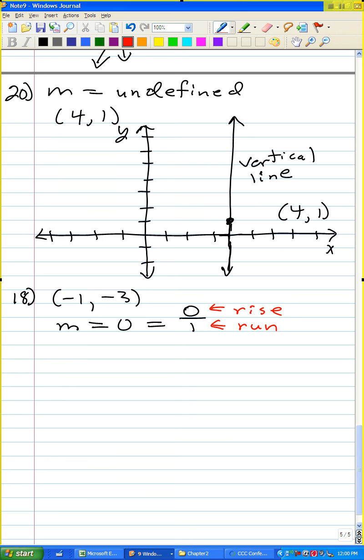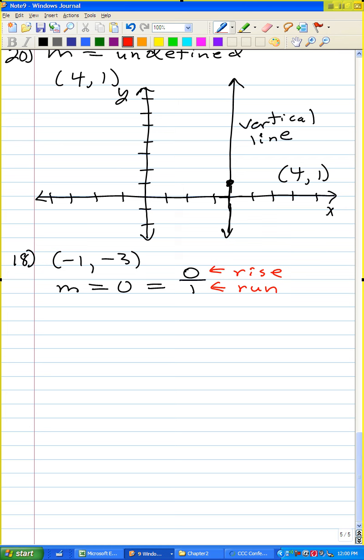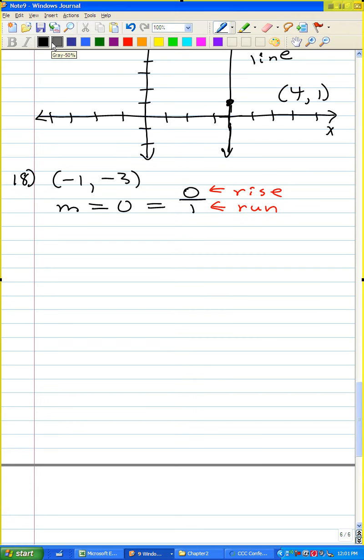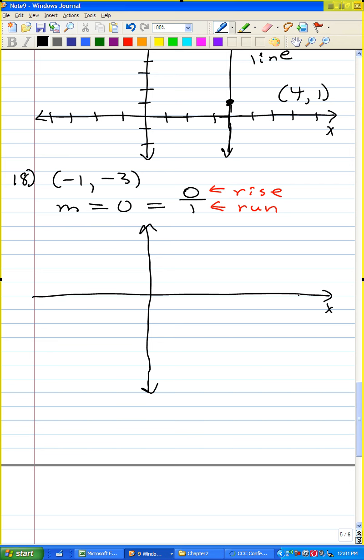Okay. And so I have the following: 1, 2, 3, 4, 5, 6. 1, 2, 3, 4.